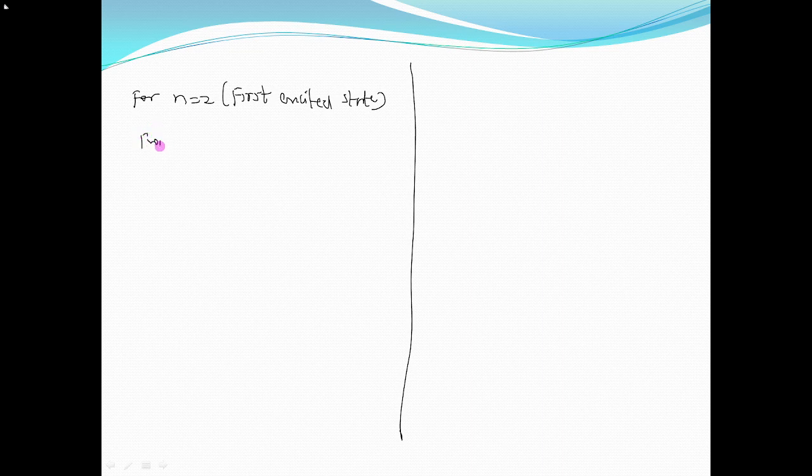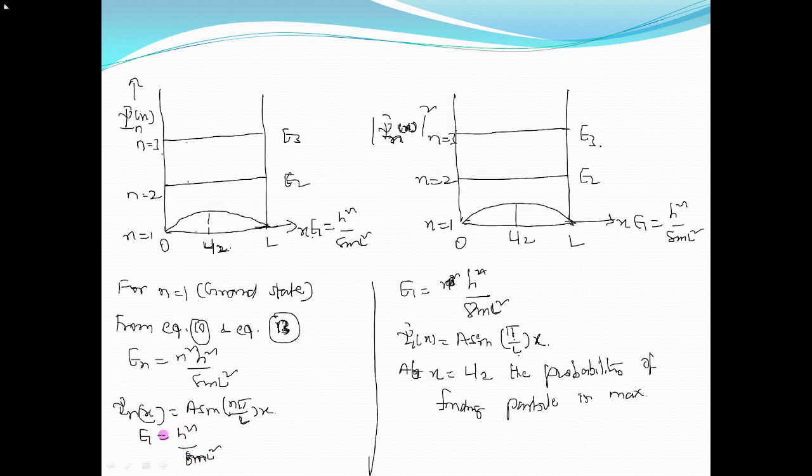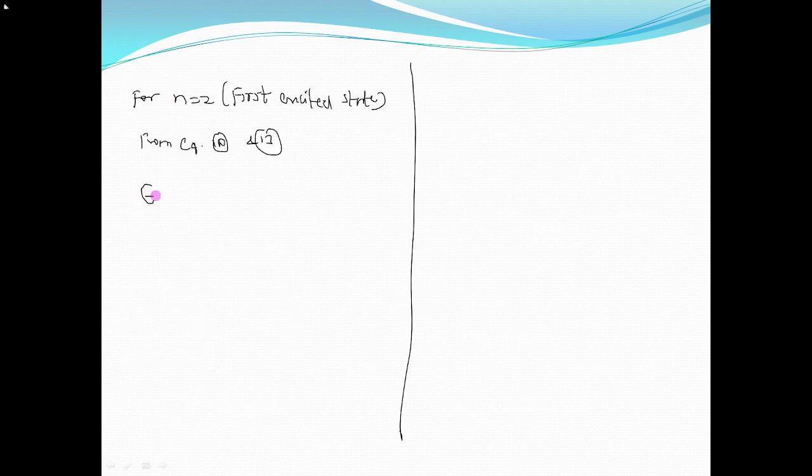Now, from equations 10 and 13, in place of n you keep 2, here also 2 and here also 2. So I can write E2 is equal to 4h square by 8 ml square, which is equal to 4 E1.